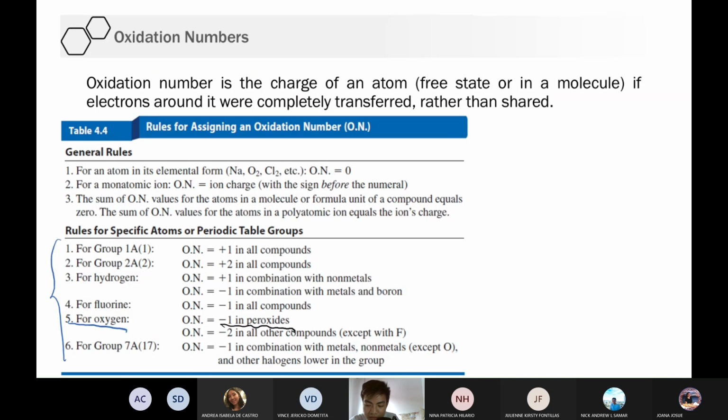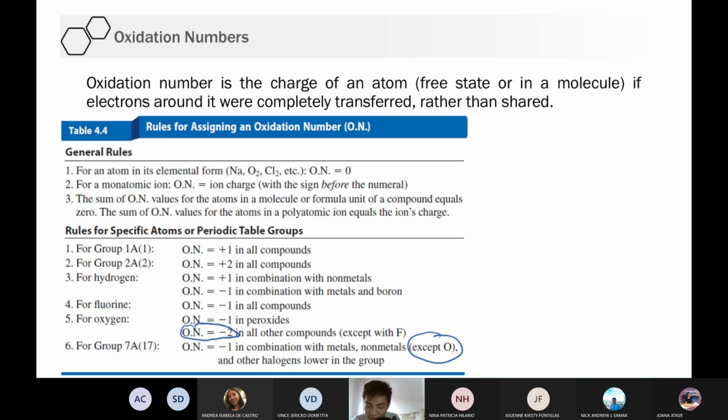So the oxidation number of oxygen is negative 2 for our case. For Cl, that's -1? Wait, it says here, except O. So there's an exception, which means it's not automatically -1.